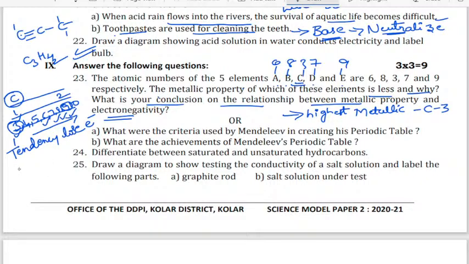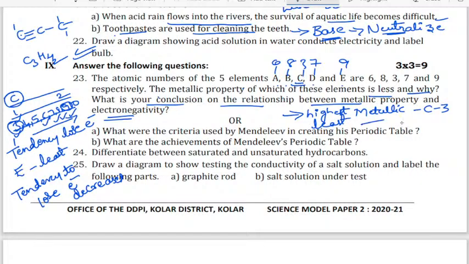So that is E. E is having the least metallic property. Why? Because the tendency to lose electron decreases as we go from left to right. So when we compare to C, E finds it very difficult to lose electron. So the least metallic property is for the element E with the atomic number 9.